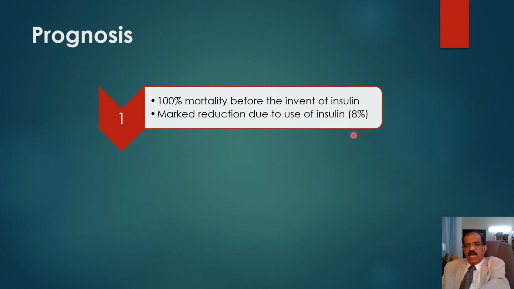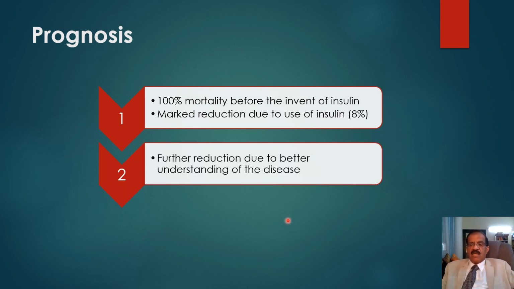It came down to 8%, but then we realized it's not just insulin deficiency, there is another problem also. We understood potassium deficiency better, we understood acidosis better, so further reduction due to better understanding of the disease.